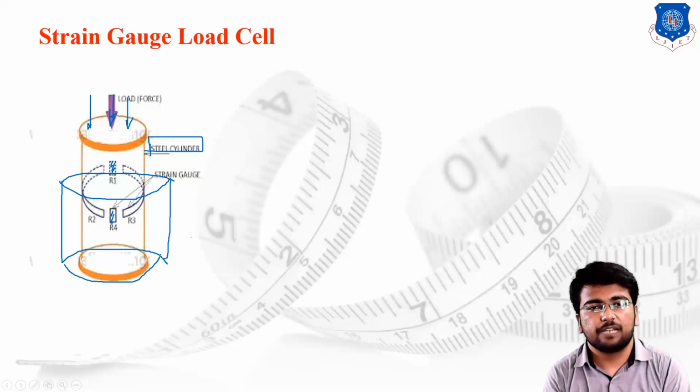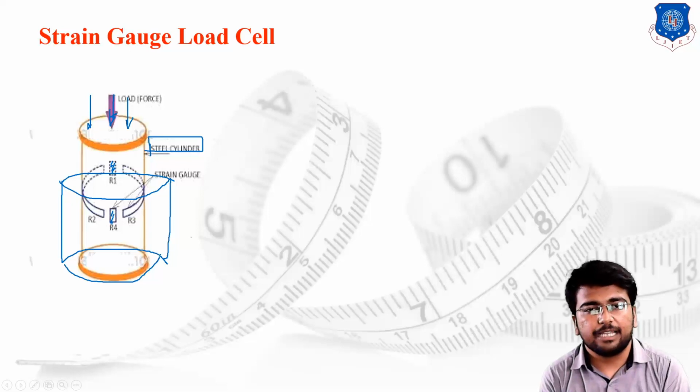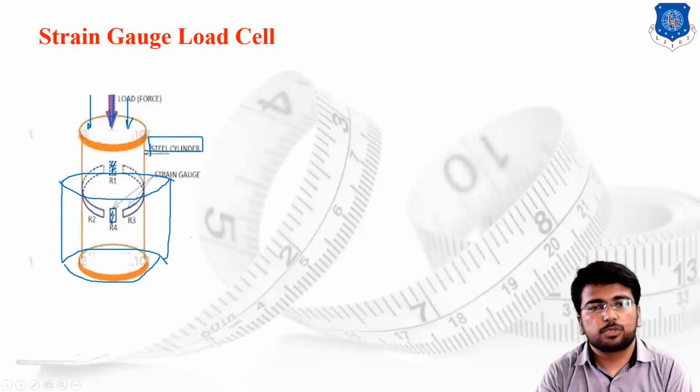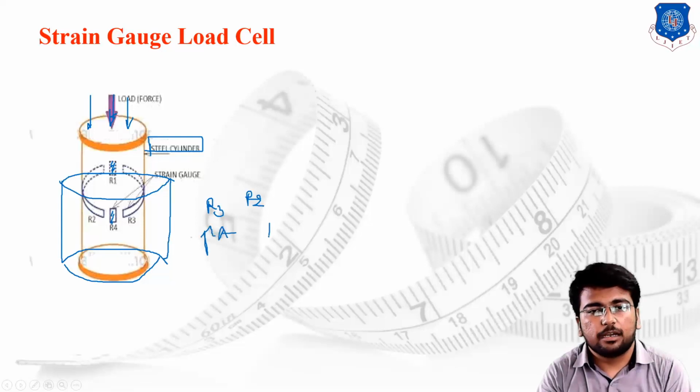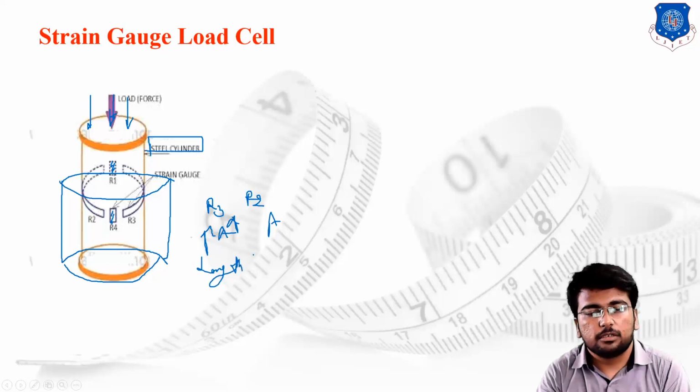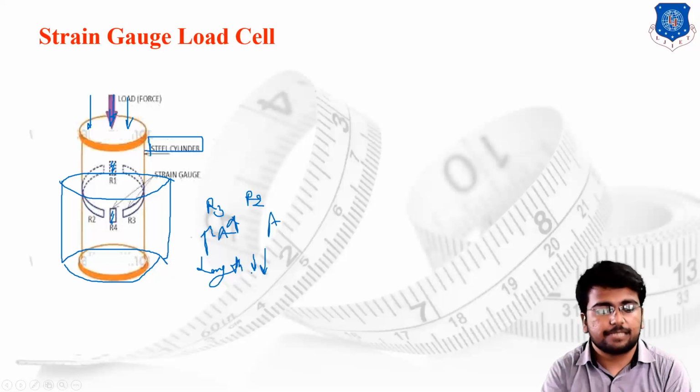The cylinder itself will decrement in length but increment in diameter. So if the diametric portion increases, then R3 and R2 will have an increase in area. The length of the particular resistance will decrease slightly.